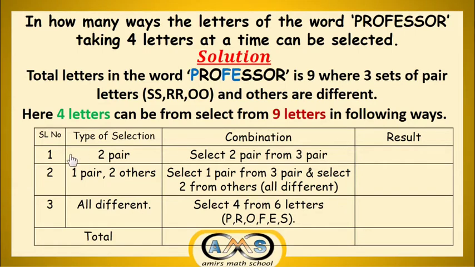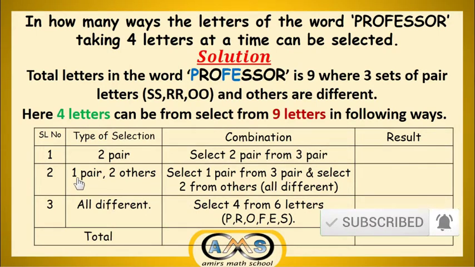Here, if we find the combination value for the first case, that is 2 pairs, we have 3 pairs, that is 2S, 2R and 2O. From these 3 pairs, we have to select 2 pairs.